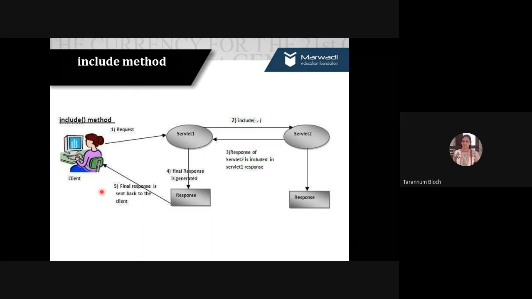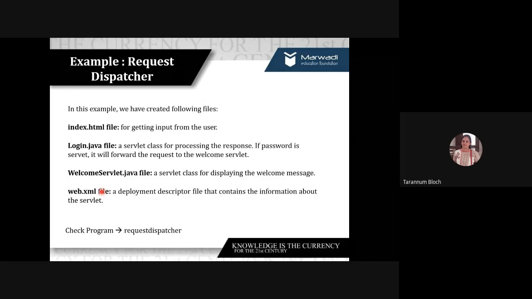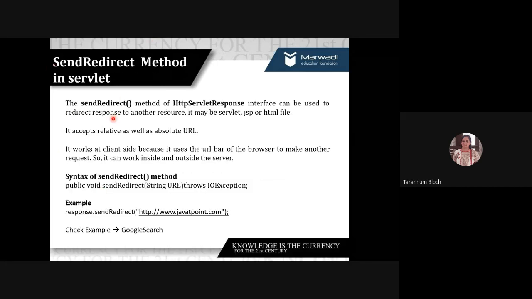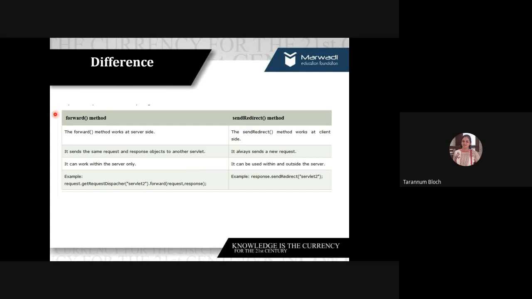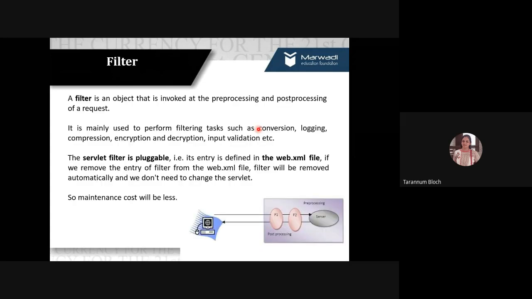We also discussed sendRedirect, which is used to go from your application to some other server, so you can work inside and outside servers using sendRedirect. We also discussed the differences between the forward and sendRedirect methods.